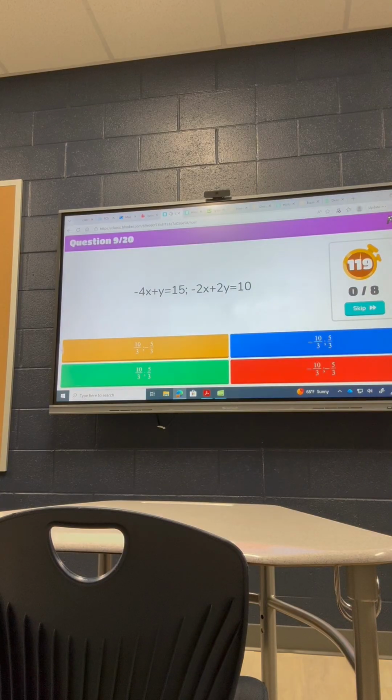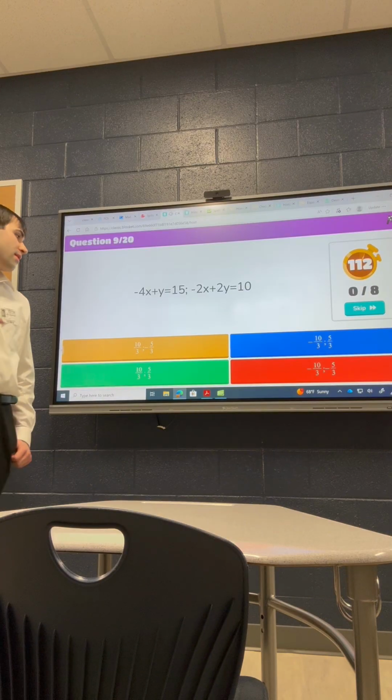Now we have negative 4x plus y equals 15, and negative 2x plus 2y equals 10.